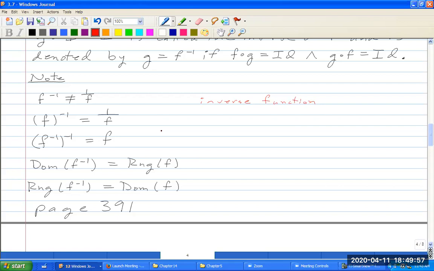And here, this is the inverse of the inverse function. So there are two inverses, neither of which is a reciprocal.